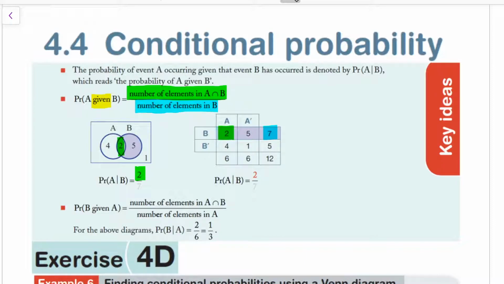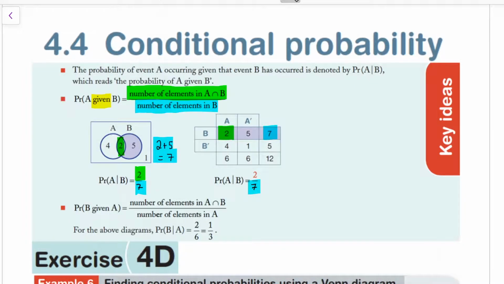If you're going to look just purely at the Venn diagram, you will need to remember that you have to go 2 plus 5 because it's for B. That's probably the only thing to watch for when looking at a Venn diagram. And that's how we get the 7 at the bottom.